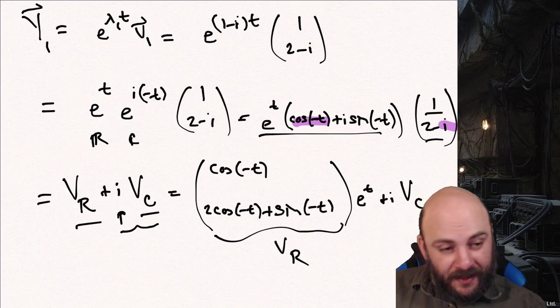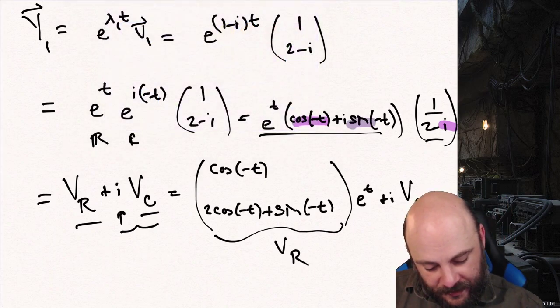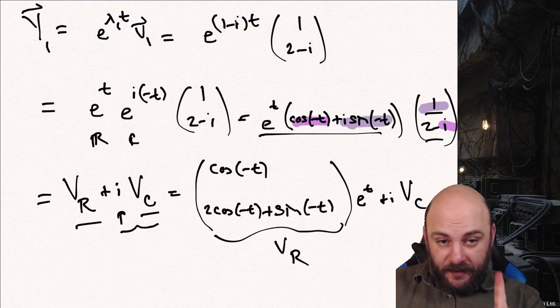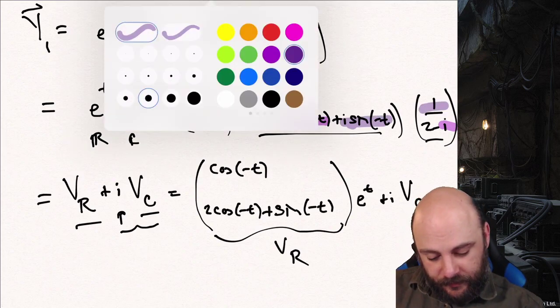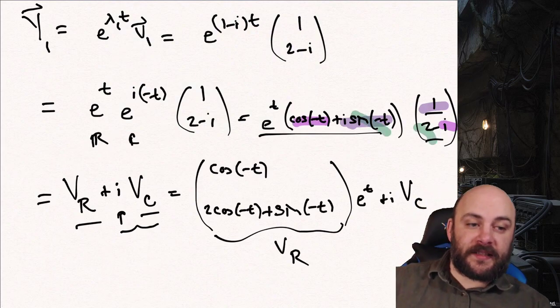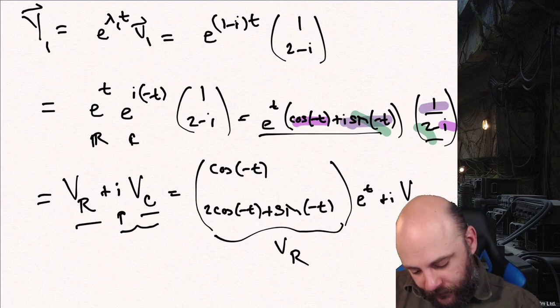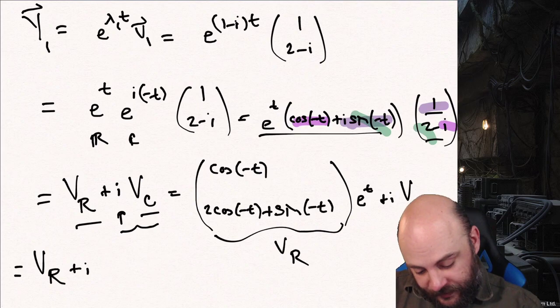Cosine times the i is complex. I sine times the 1 is complex. I sine times the 2 is complex. So let's put that together to make our VC. VC equals, I'm just going to rewrite the e to the t here.